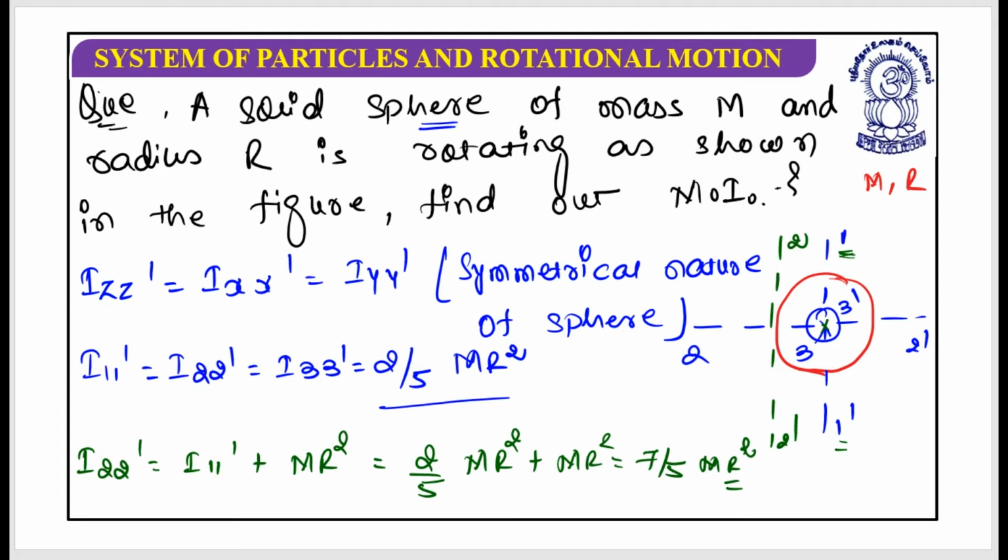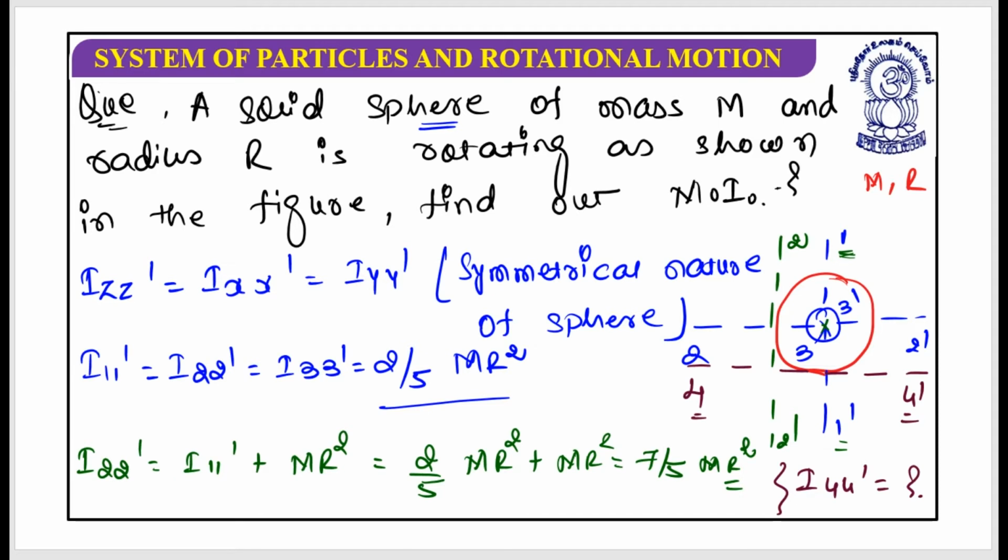So can you do this? Great. Now, one thing for you. This is 44 dash, and you need to find I44 dash. It's on you, but I can give you a hint. Tell me, this 44 dash is parallel to what?